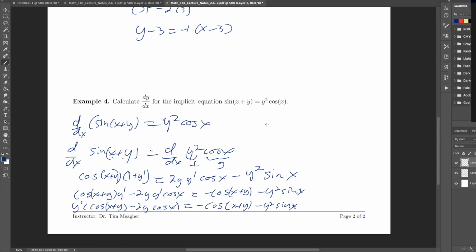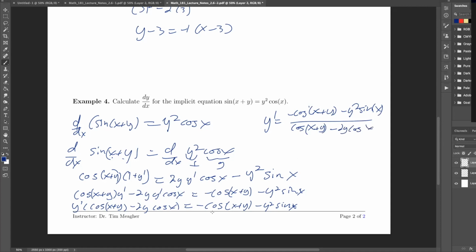And then you just divide it out. So we have y prime is equal to minus cosine of x plus y minus y squared sine of x, all over cosine of x plus y minus 2y cosine x.